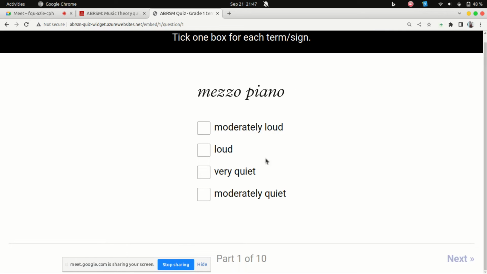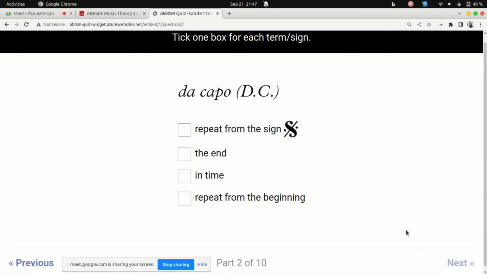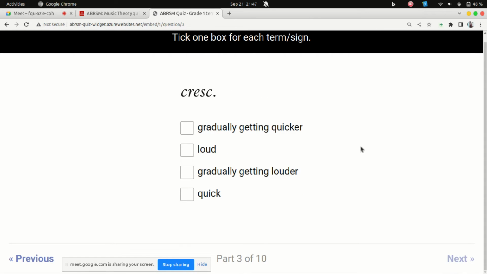Mezzo piano. Moderately quiet. Da capo. Da capo is repeat from the beginning. Crescendo. Gradually getting quicker.